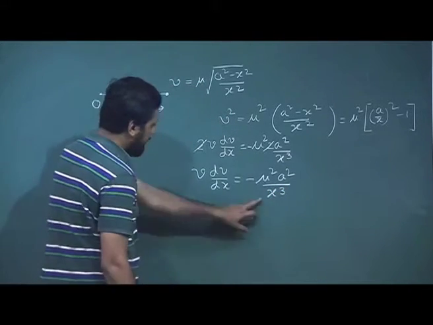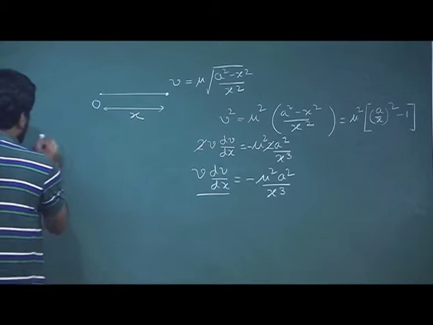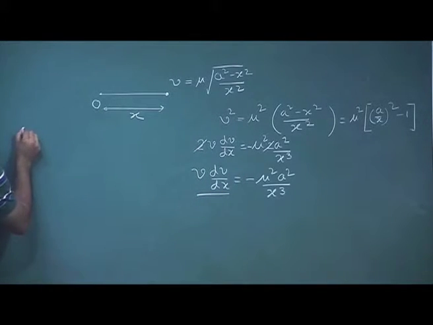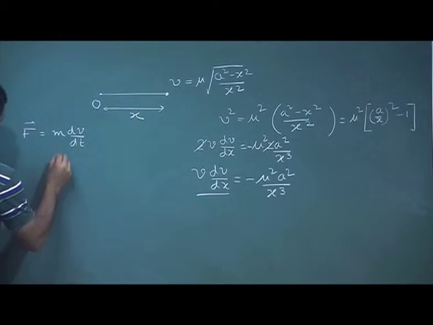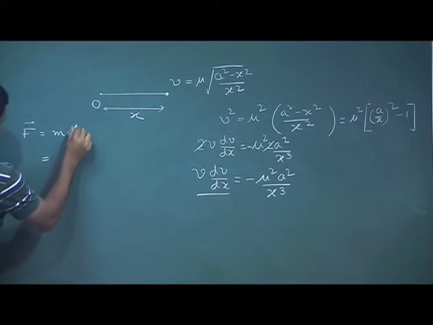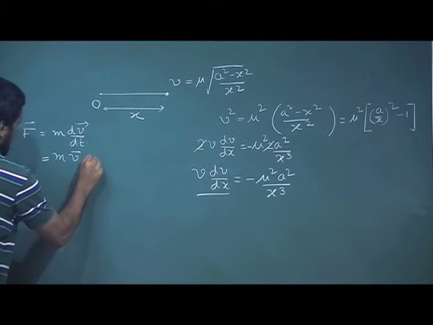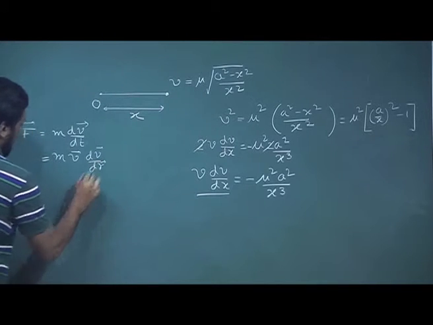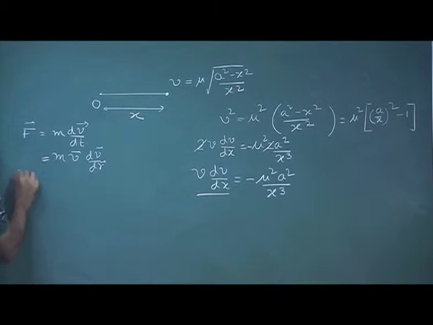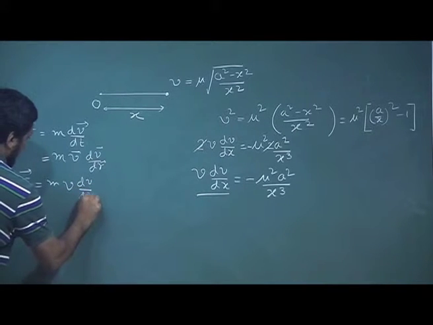Now, if you concentrate on the left hand side, if you remember, Newton's law says F is equal to m dv dt, and what we did, we rearranged this as m v dv dr, which in one dimension essentially becomes F equal to m v dv dx.